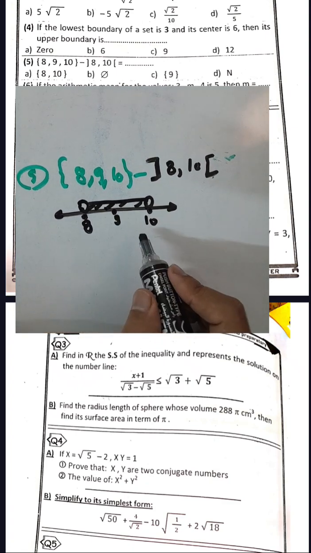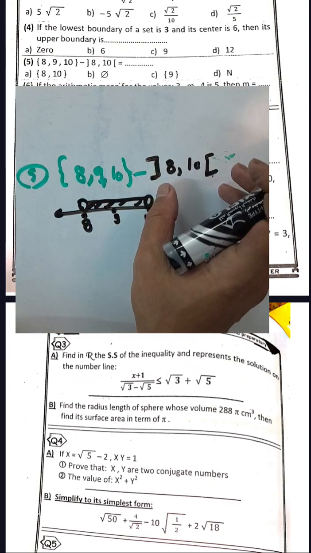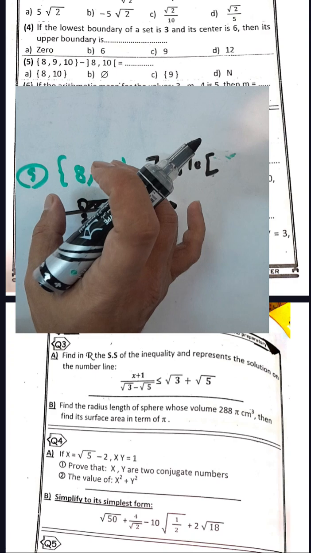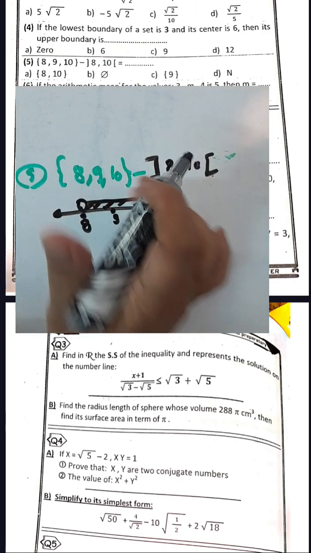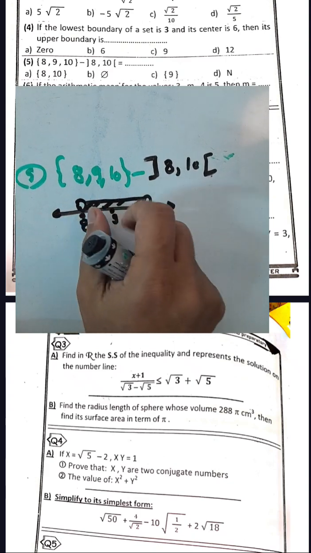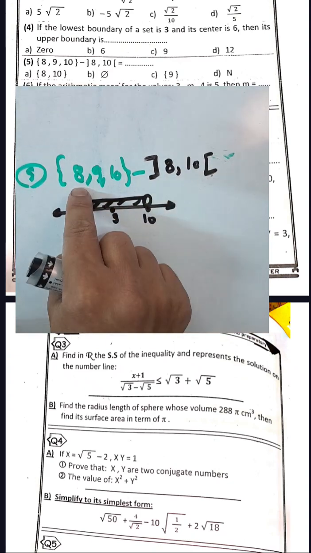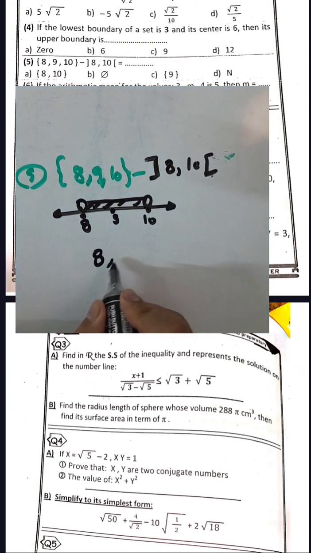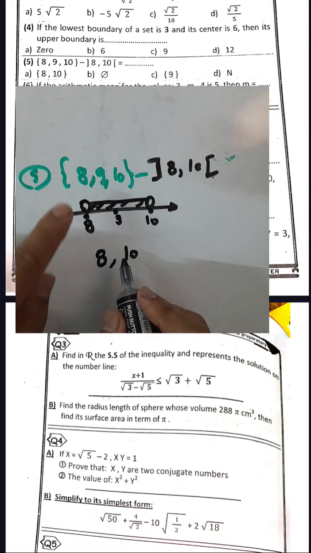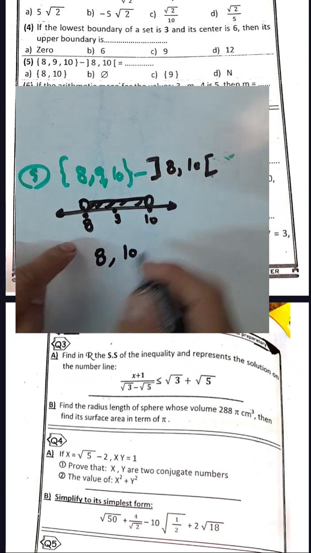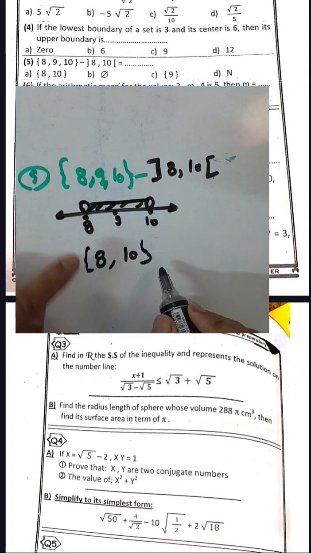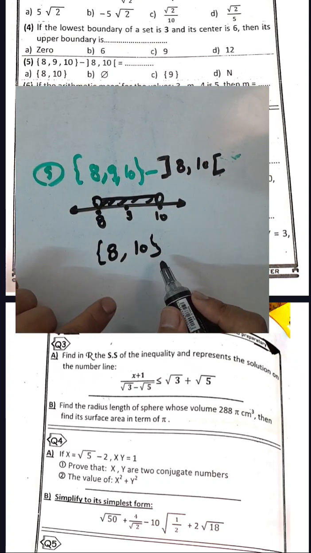He tells us to subtract this interval from the set. We look for the digits that lie in the set and don't lie in the interval. Only the points 8 and 10, but 9 lies in this interval. Then the difference between them will be the set of 8 and 10.